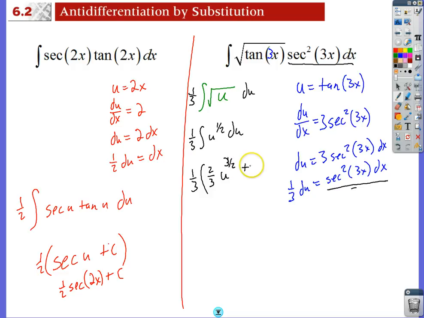And don't forget the plus c. And I find out that 1/3 times 2/3, okay, is 2/9. U is really tangent 3x, so tangent of 3x, all raised to the 3/2 power, plus a c.